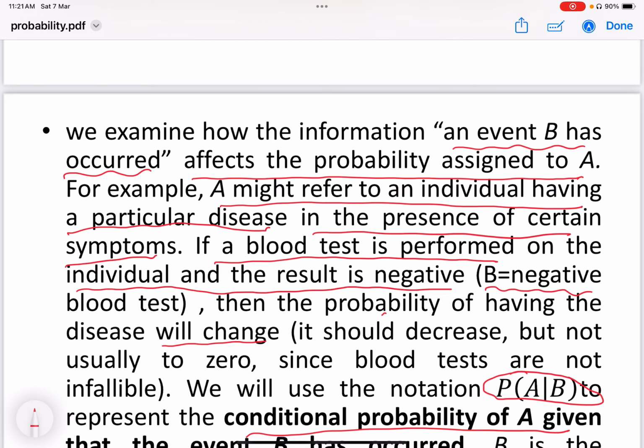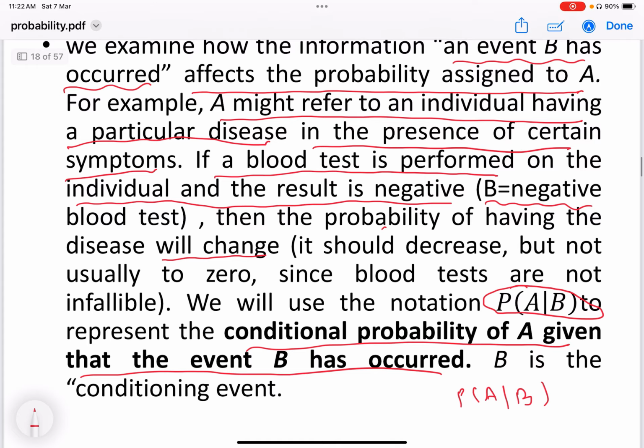The event B has already occurred, and now we would like to find out the probability that a certain disease is there or not. Once the blood test is done, the probability of having the disease will definitely change compared to the probability without the blood test. So we represent it like this, P of A given B, and that is called the conditional probability.